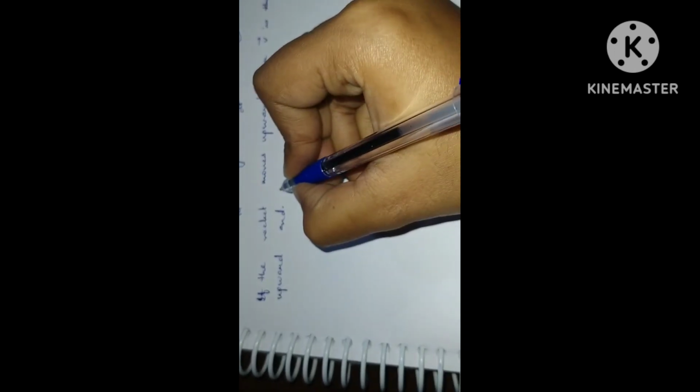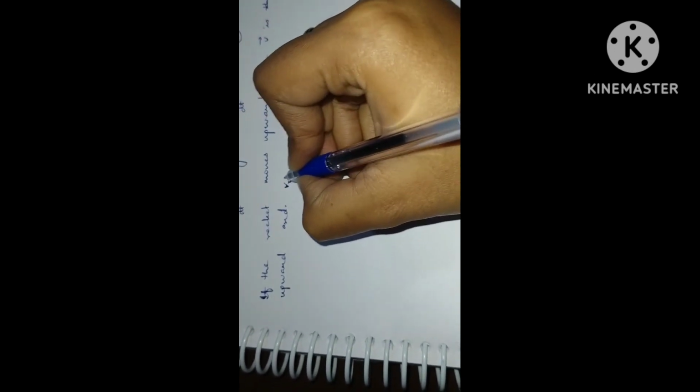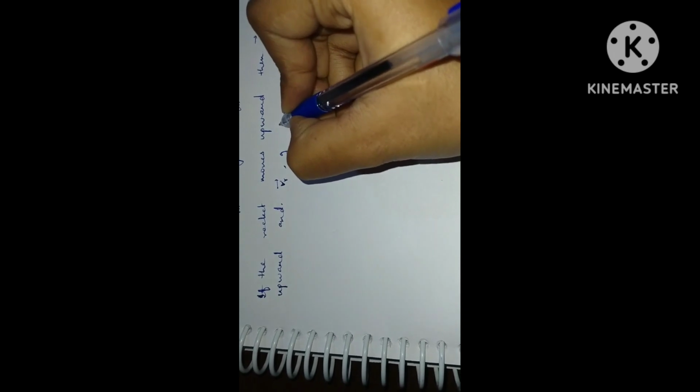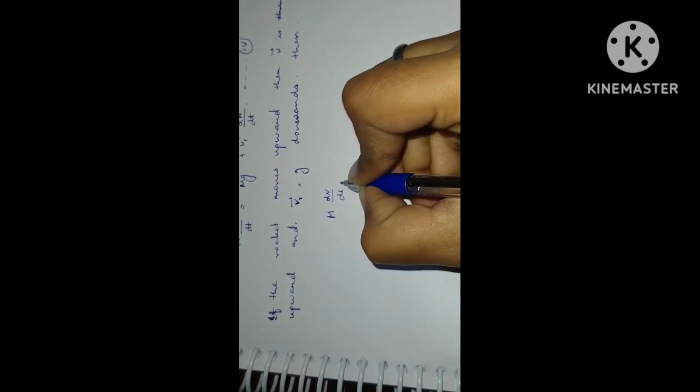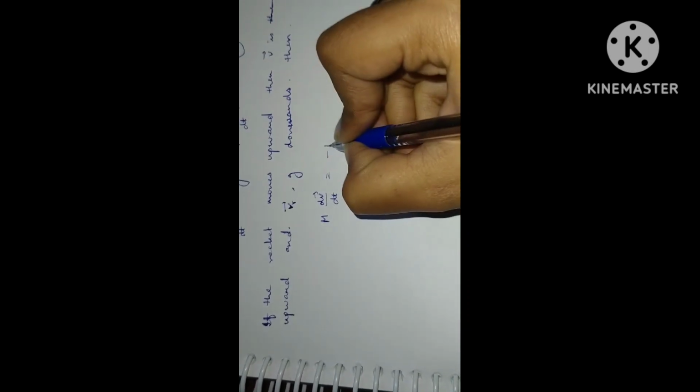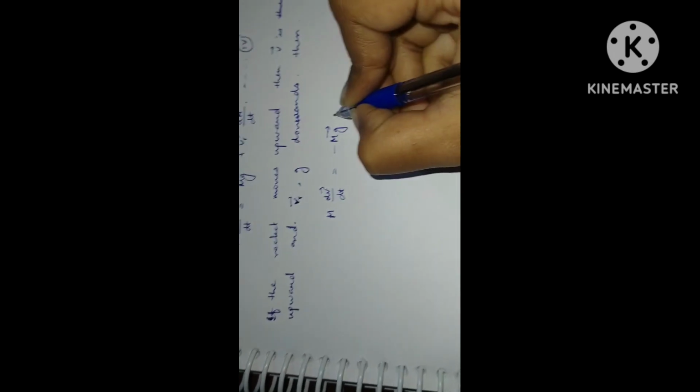Now, if the rocket moves upward and v is directed upwards and Vr is directed downwards, then we have m dv by dt equals minus mg minus Vr dm by dt.